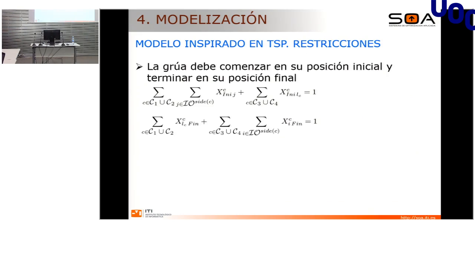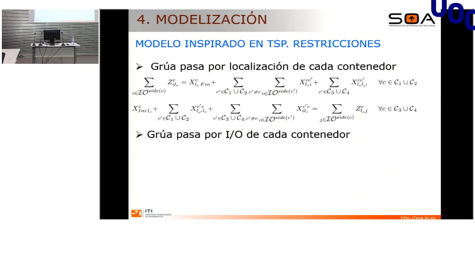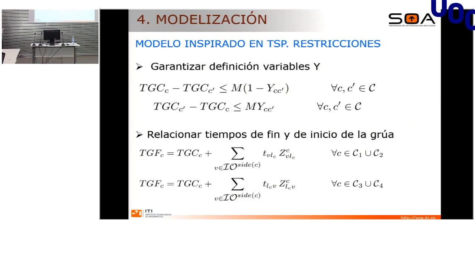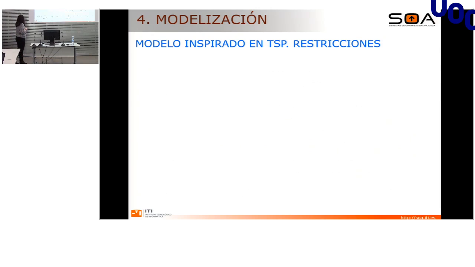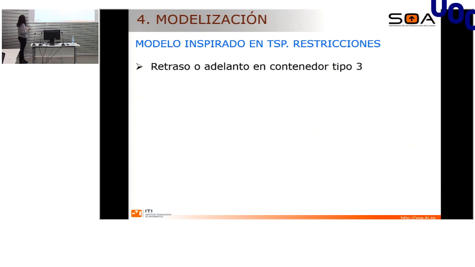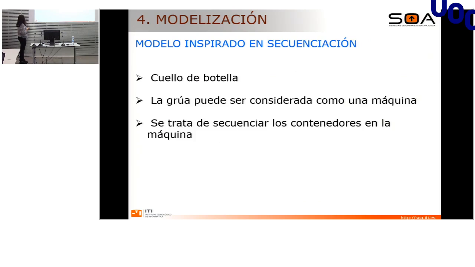So restrictions, there are a lot, of course, and this is all the constraints of the model. I'm not going to detail all of them, but we have maybe some results. This is the second model.